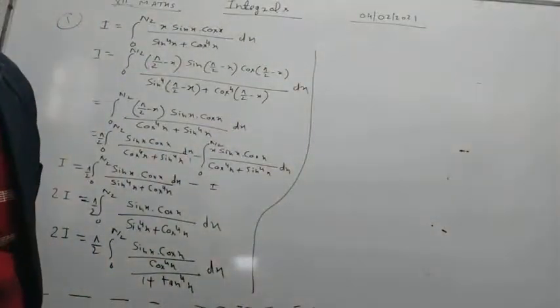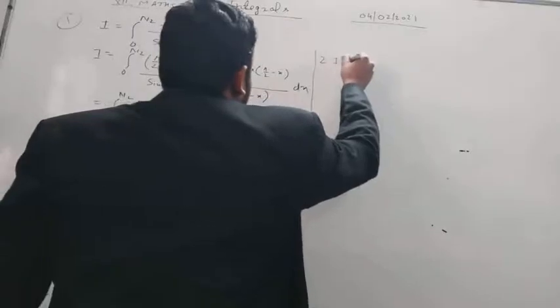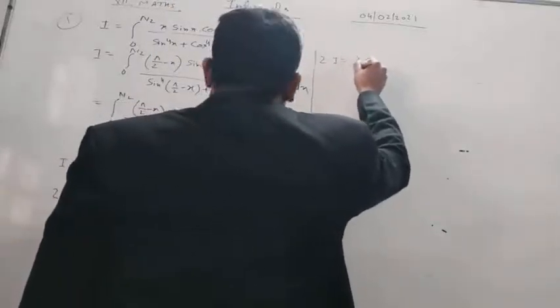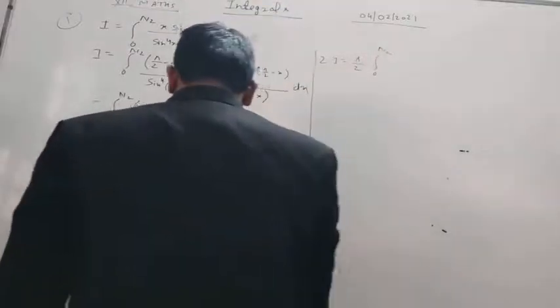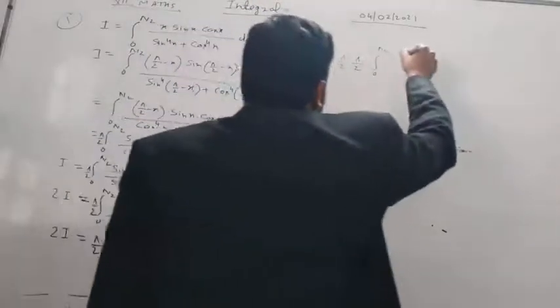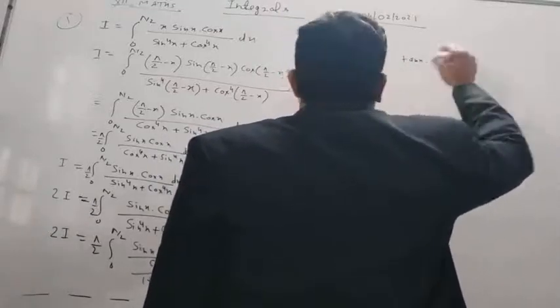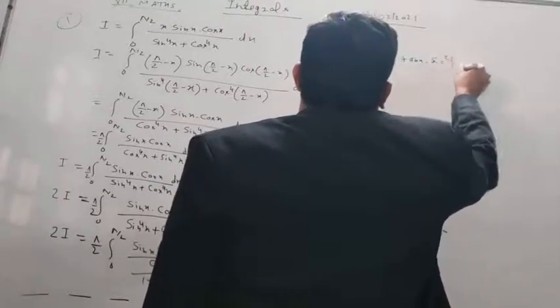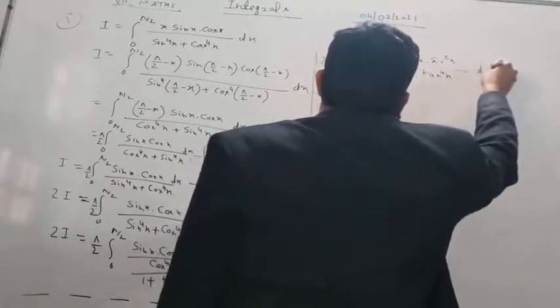Now, students, this is 2I, which is equal to pi by 2 times the integral from 0 to pi by 2, and this we can write as tan x sec square x by 1 plus tan to the power 4x dx.